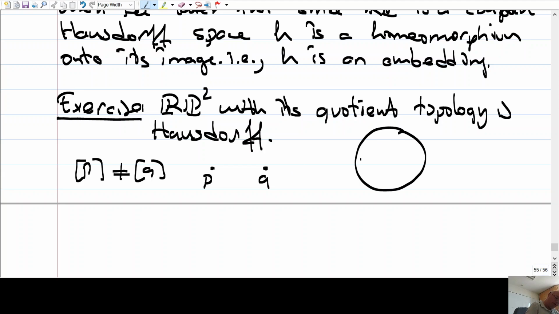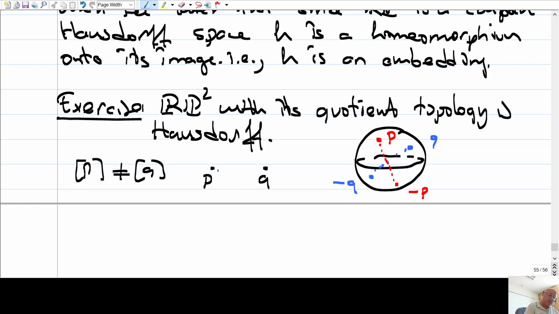On the sphere, they correspond to what? P is here, and I have minus P here, right? And we have Q. Q is different than P, so its equivalence class is different. So Q is somewhere here, and minus Q here.